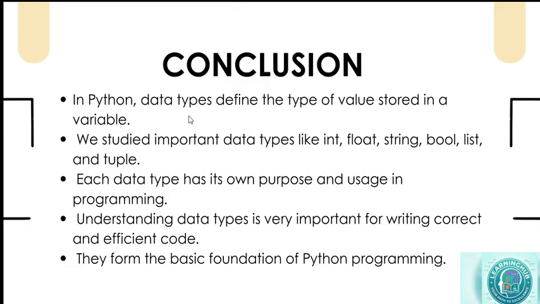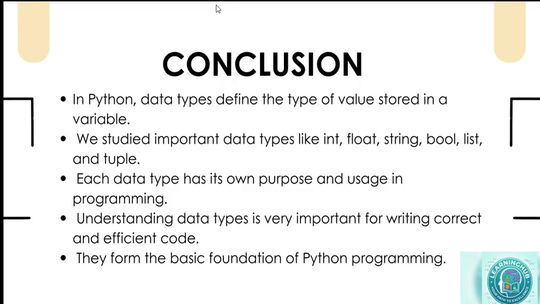In conclusion, in Python, data types define the type of value stored in a variable. We studied important data types like integer, float, string, boolean, list and tuple. Each data type has its own purpose and use in programming. Understanding data types is very important for writing correct and efficient code. They form the basic foundation of Python programming.